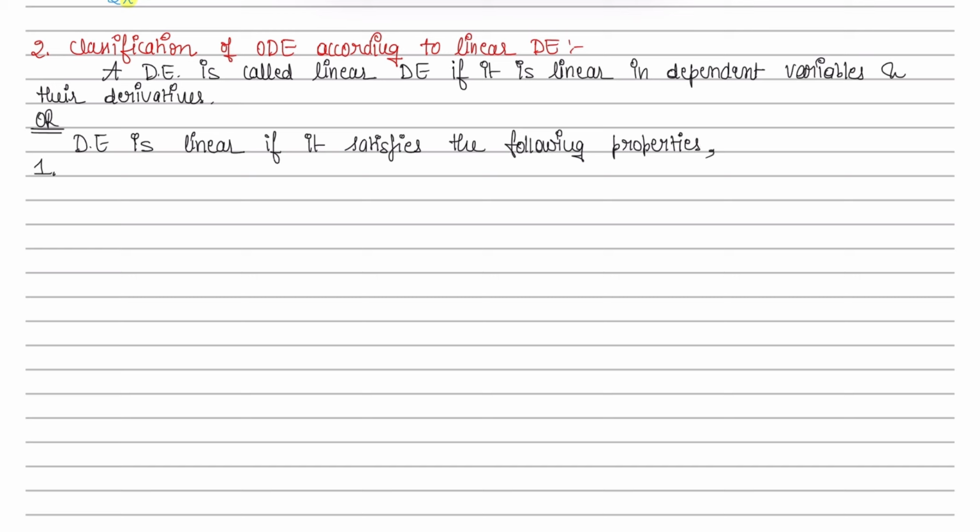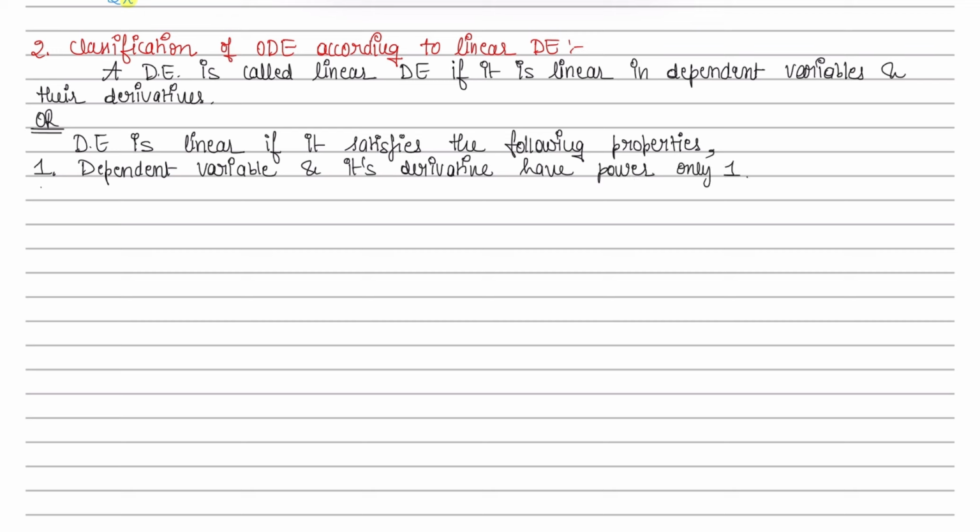The first one, that dependent variable and its derivative have power only 1.